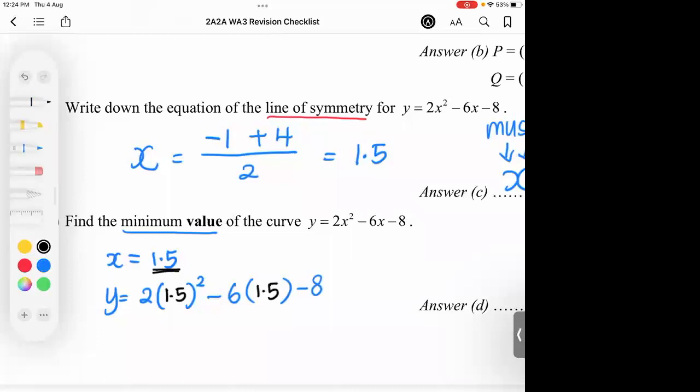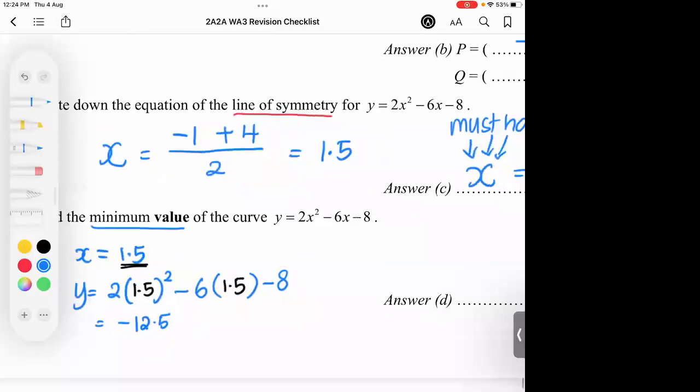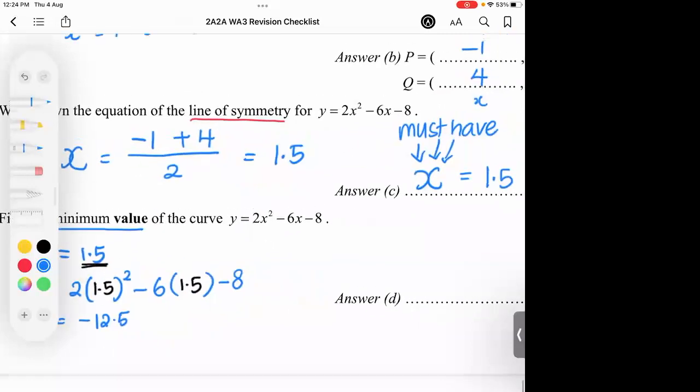I take 1.5 squared times 2 minus 6 times 1.5 minus 8. Please make sure you use the calculator carefully. This is 2 times 1.5 squared. You only square the 1.5. I got the number -12.5. The question only wants the value, so they only want the y value. They did not want the coordinates of the minimum point. So the answer is just -12.5.